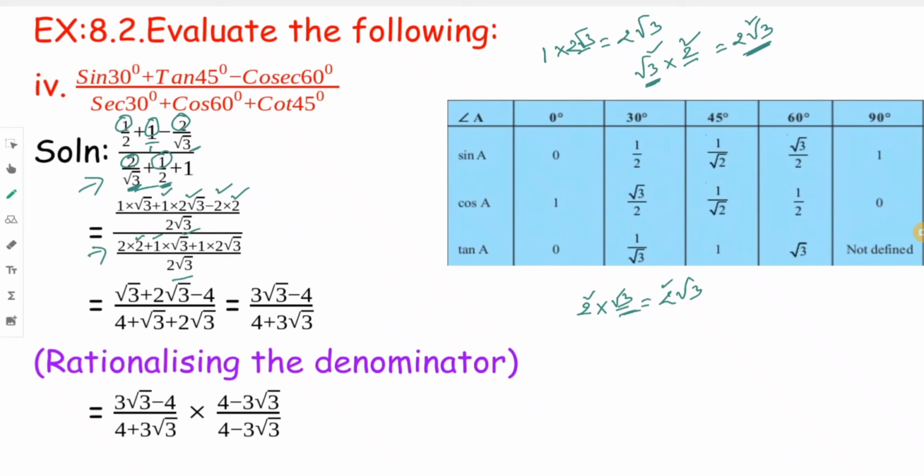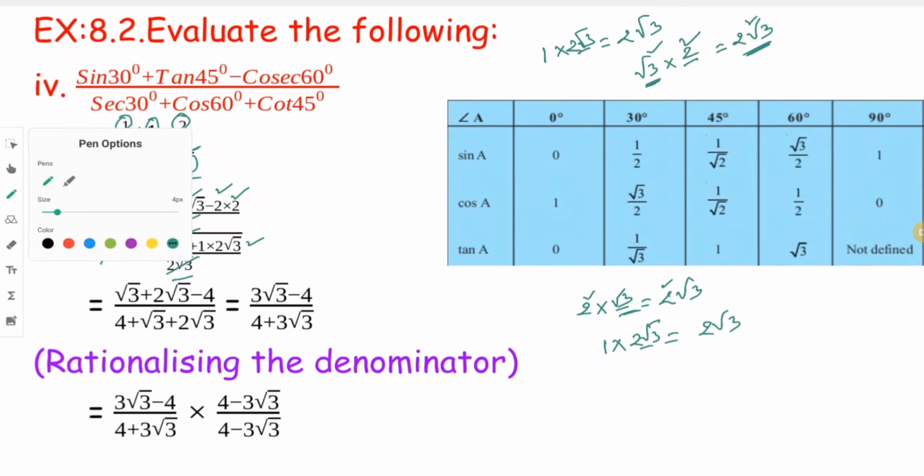Now the next, again 1 is there, right? So remember below here 1 is there again. So 1 into what should I multiply to get 2 times root 3? It will obviously be 2 times root 3, right? So here we have written 2 times root 3. And if you look here, I can divide denominator and denominator. So now if I multiply, let me just change my pen.